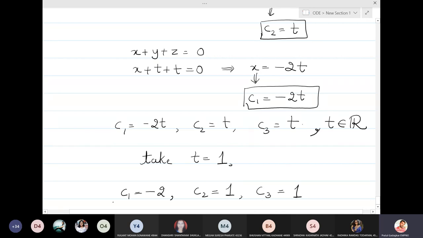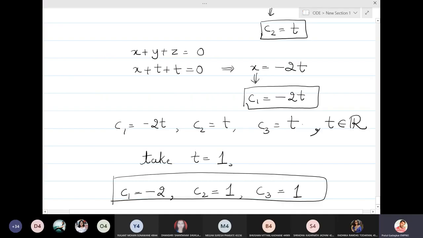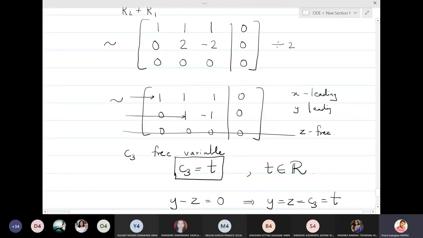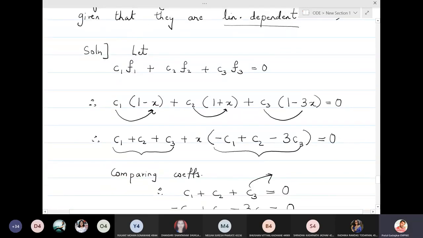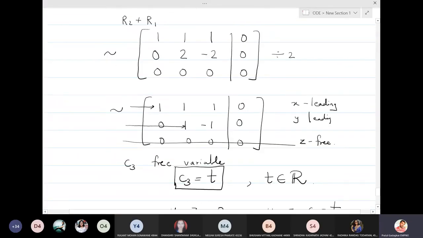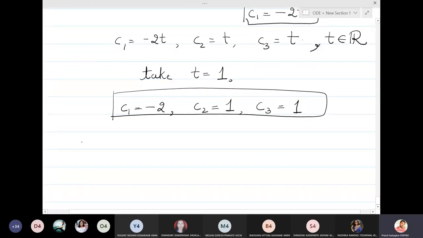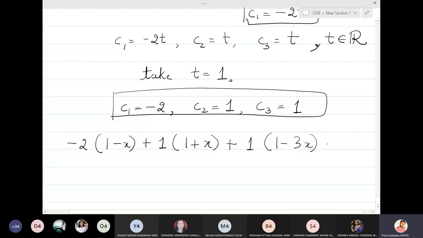This c1, c2, c3, I will substitute in the original first equation. Where has that gone? Here. Here I'm going to substitute c1, c2, and c3: minus 2 into 1 minus x, plus 1 into 1 plus x, plus 1 into 1 minus 3x is equal to 0.